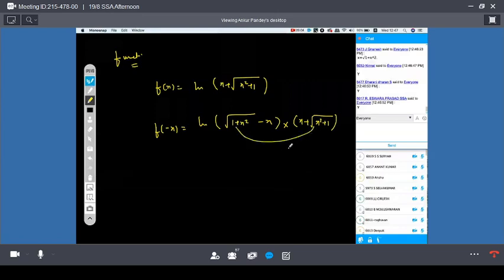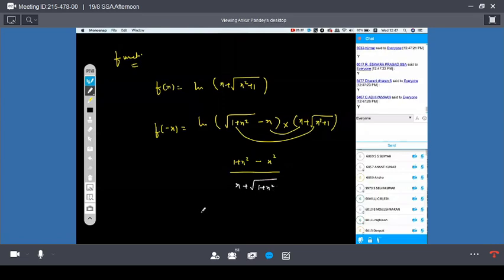Will I get a square minus b square? Yes or no? But in order to rationalize, I'll have to also put the same thing in the denominator. Numerator, if you can see, beta, it is nothing but 1.